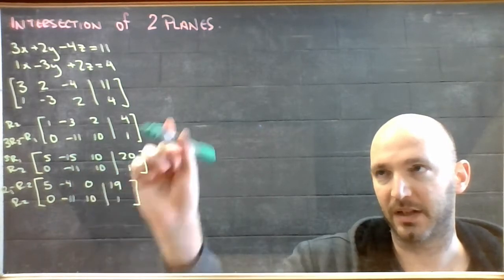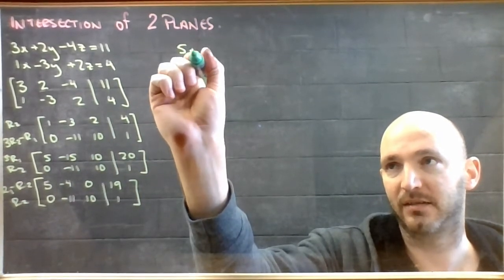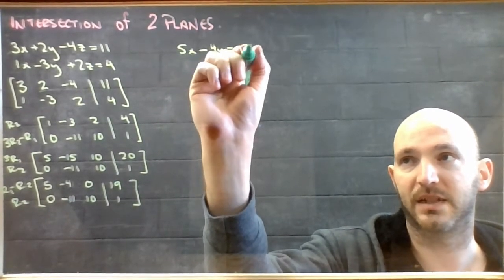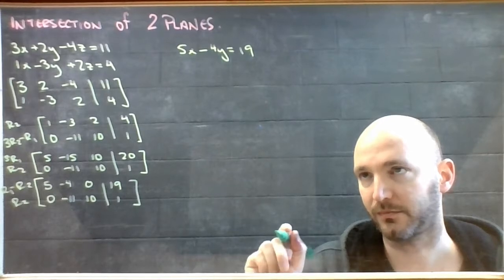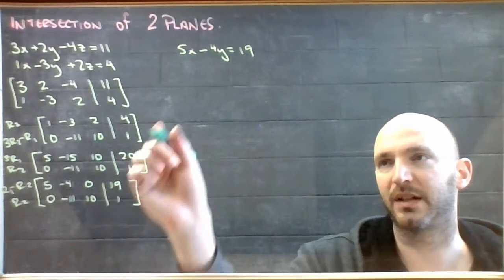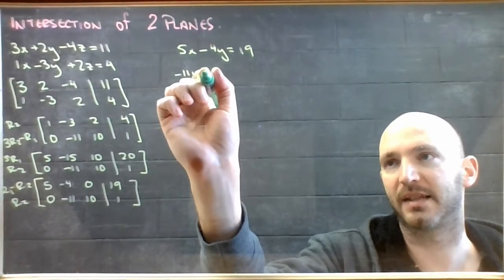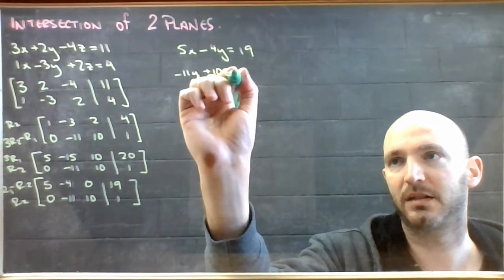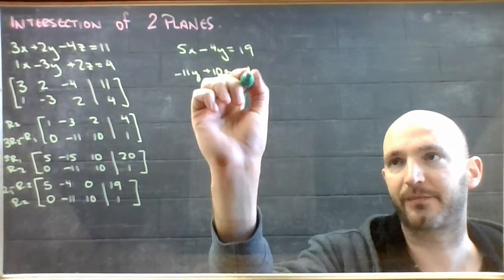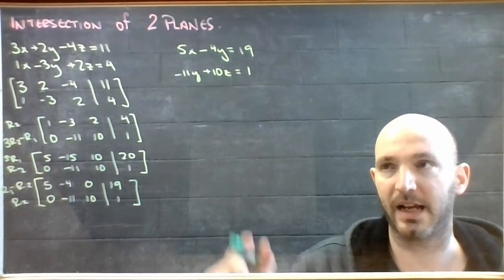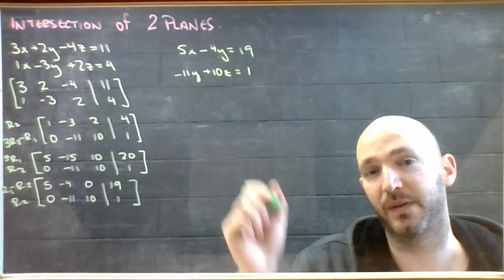This equation up here, that's 5x minus 4y equals 19. And this equation here is negative 11y plus 10z equals 1. So I'm going to notice that I have a y in both of these equations.